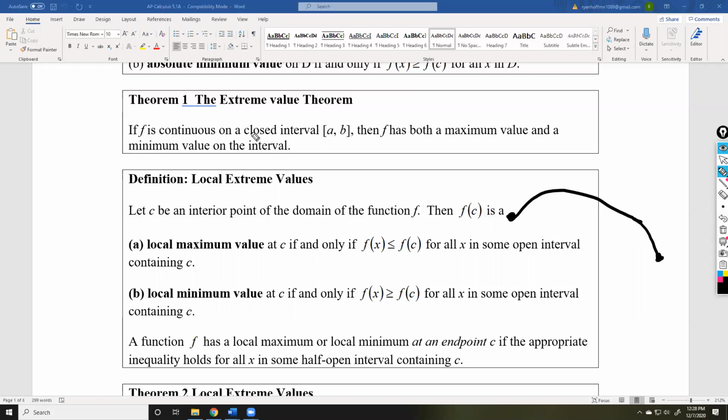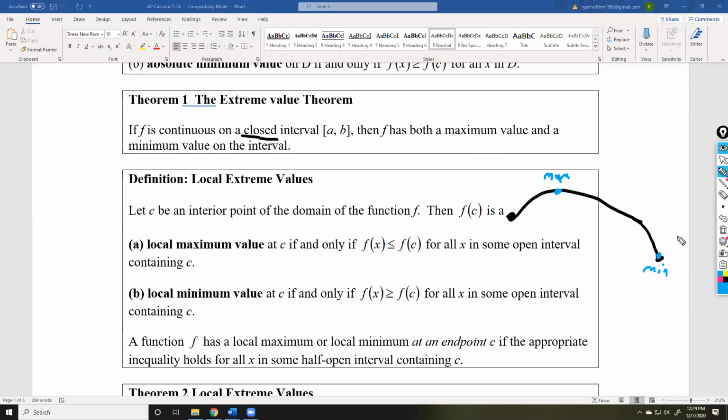As long as we have a closed interval, meaning we're counting the endpoints, and we're looking at a continuous function, then all that means is that we're guaranteed to have a largest value and a smallest value. It could be one of the endpoints, it could be something in between the endpoints, but we're guaranteed to have a maximum and a minimum. In this case, the maximum will be here and the minimum will be here.